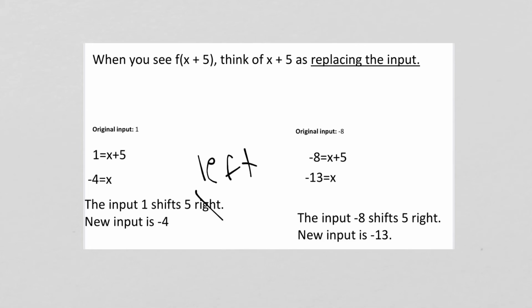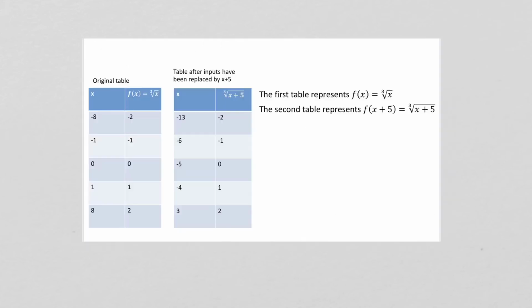Okay, so then over here, we're going to replace another input, -8, with x plus 5, because that's what we're replacing our inputs with. Again, if we solve for x, we get that the new input's now at -13. So that -8 has shifted 5 to the left, and the new input is -13. So in our table, all of our inputs are just going to have 5 subtracted from them.